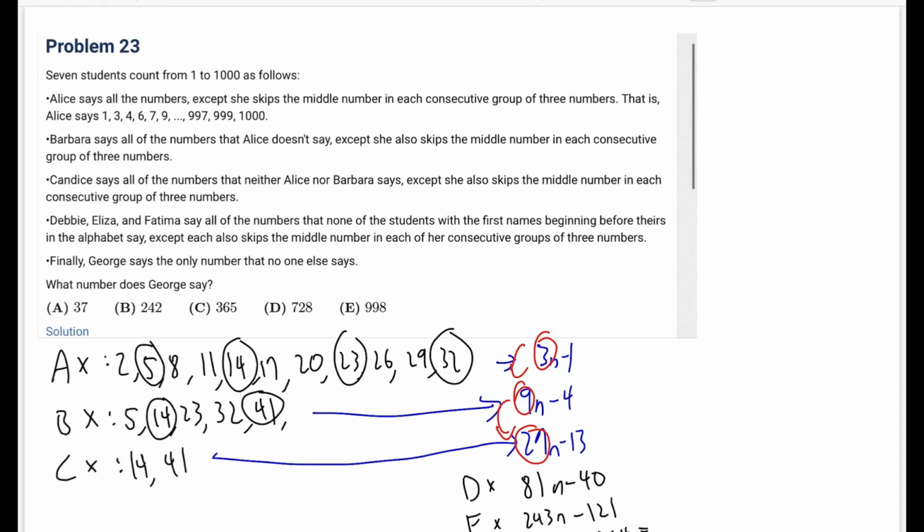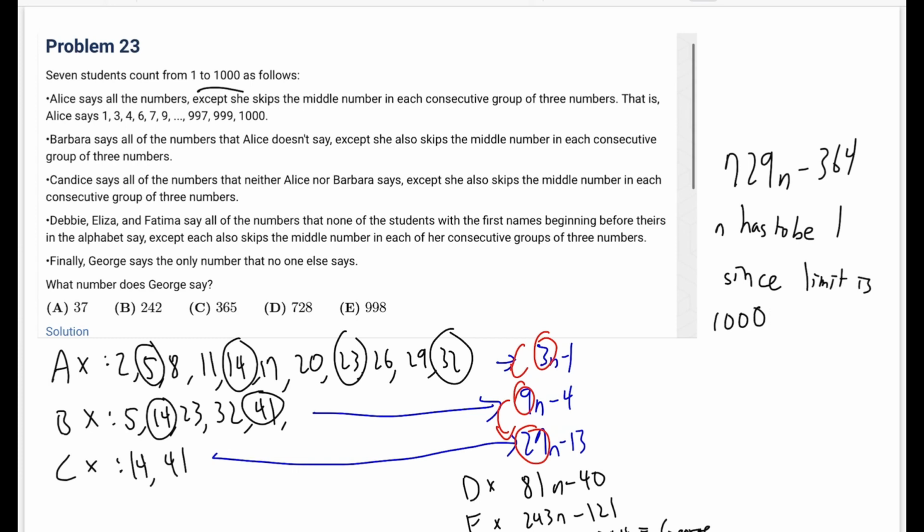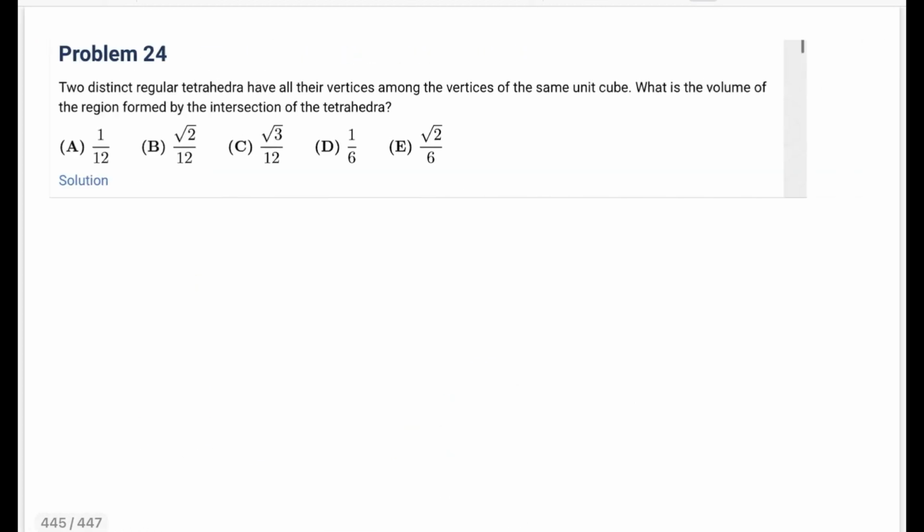And so this is what George would say, right? George would say 729n minus 364, but n has to be 1, since it's 1 to 1,000, so the limit is 1,000. And so if n is 1, then 729 minus 364 equals 365. So the answer is C.